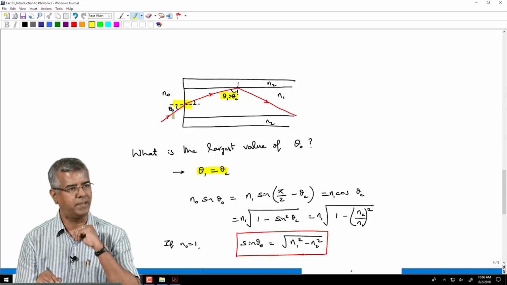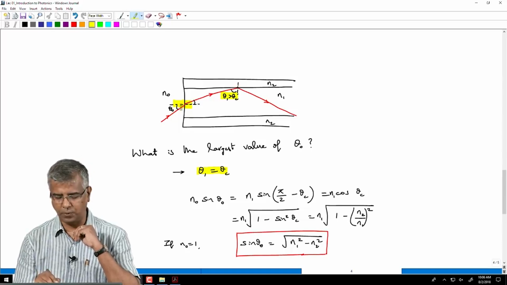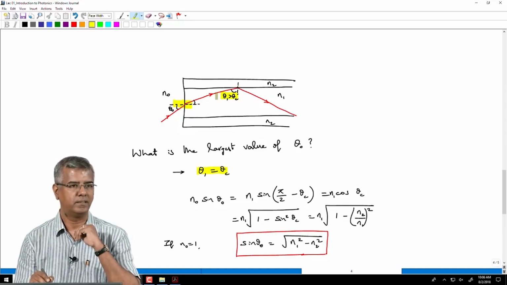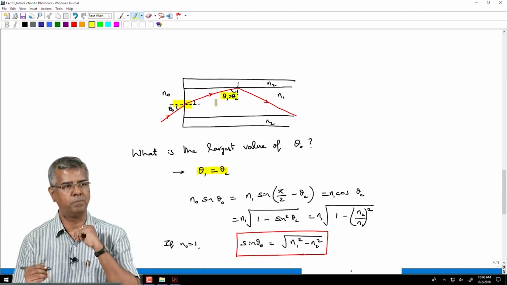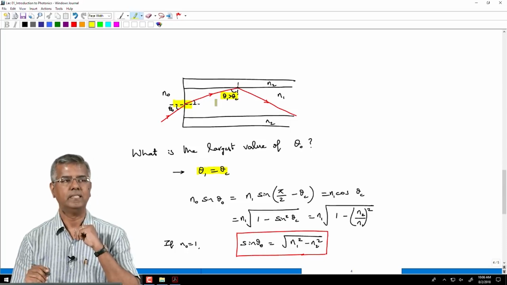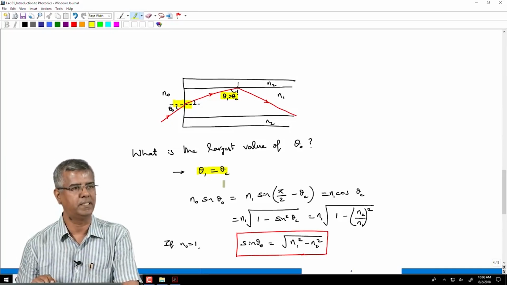And as you increase theta naught, you get to a point where your angle at this interface is going to become smaller and smaller. And if the angle theta 1 becomes less than theta c, then there is no guiding of light. So the limiting condition would be theta 1 equal to theta c.